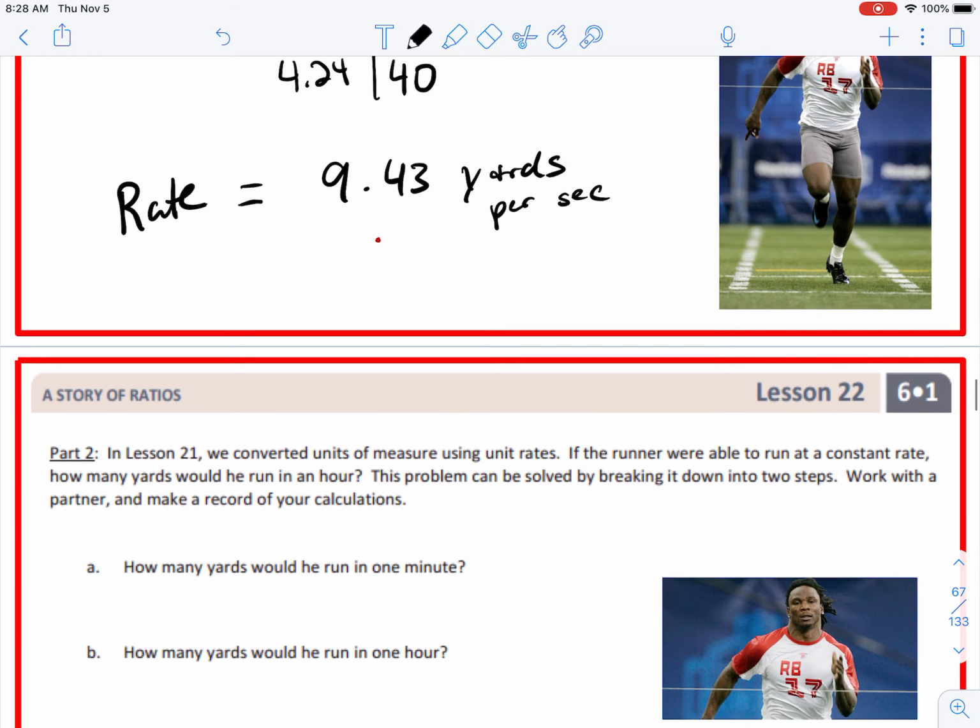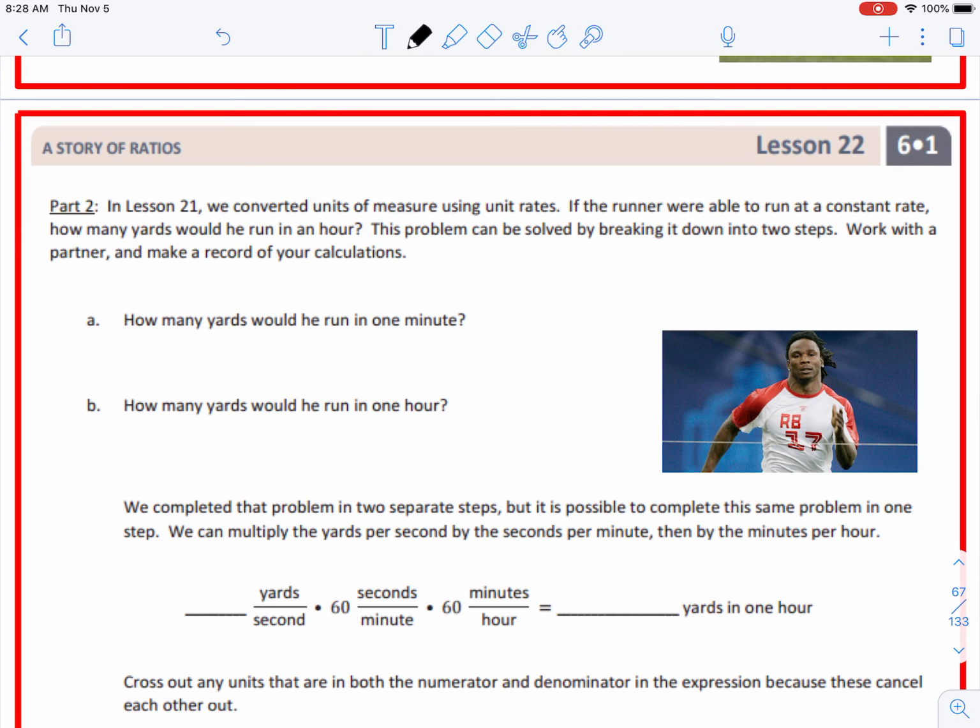Okay, let's move on. In lesson 21, we converted units of measure using unit rates. If the runner were able to run at a constant speed, how many yards would he run in an hour? This problem can be solved by breaking it down into two steps. It says work with a partner and make a record of your calculations. So we're going to go through this together.